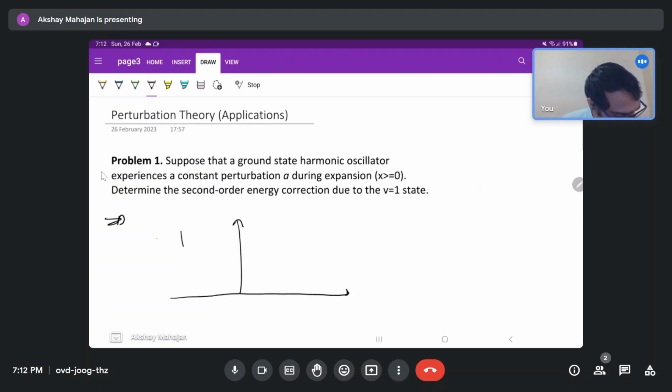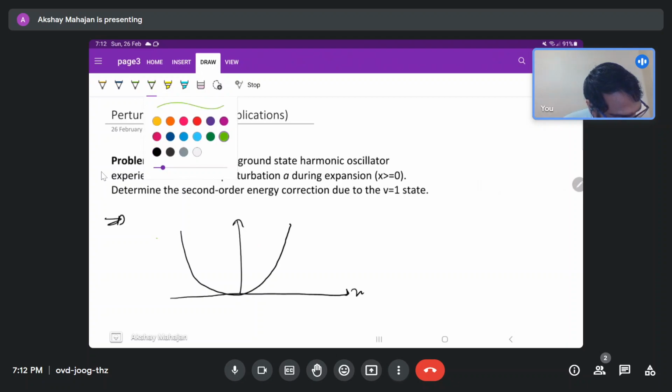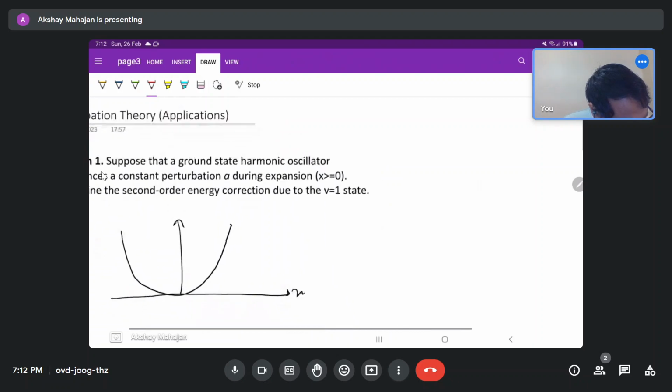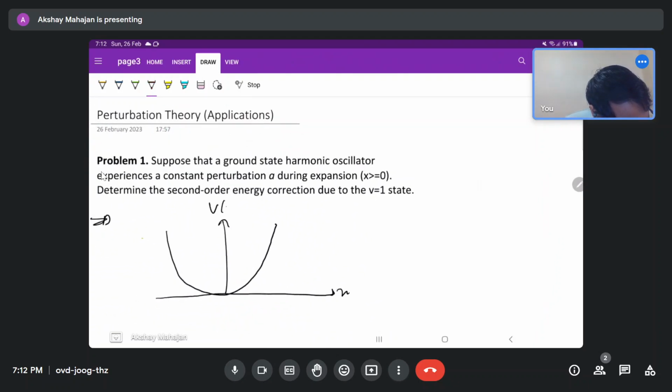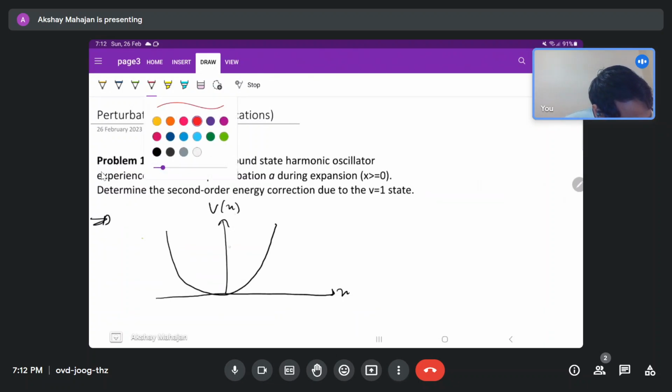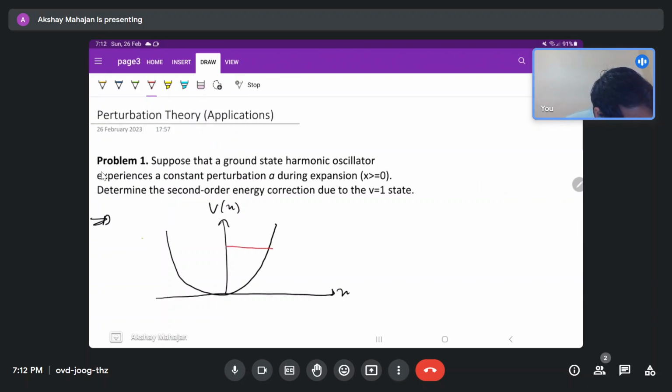We have a ground state harmonic oscillator like this at x, and what we are doing is experiencing a constant perturbation A. So we are providing a constant perturbation A for x greater than 0 only. So this is our constant perturbation. Let's say this is V of x, a function of x, and we are providing a constant perturbation here for x greater than 0.